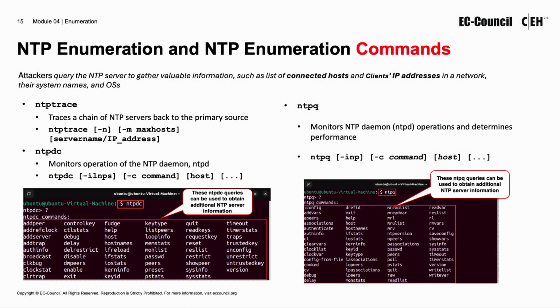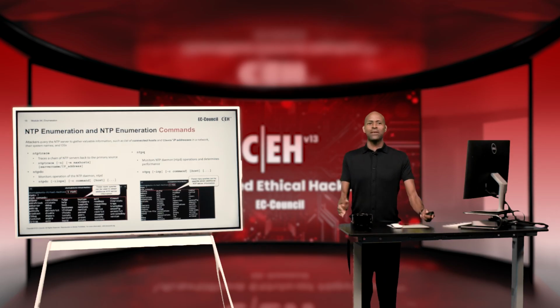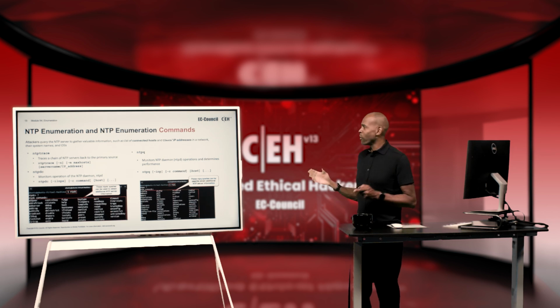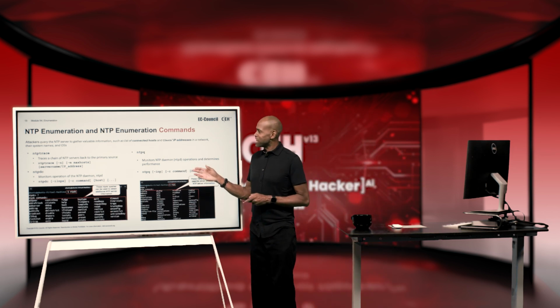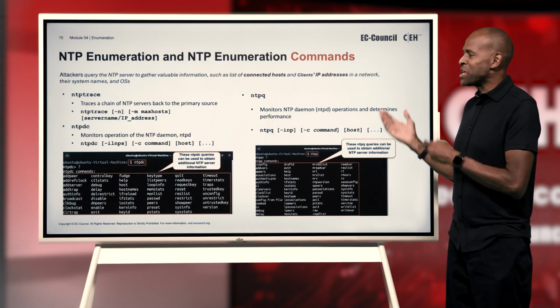So what you can do with NTP is you can use it to forward yourself to like the year 2050. It's wonderful fun. Actually, you can't travel in time, but you can pull information out of time servers using commands like ntptrace, ntpdc, ntpq.